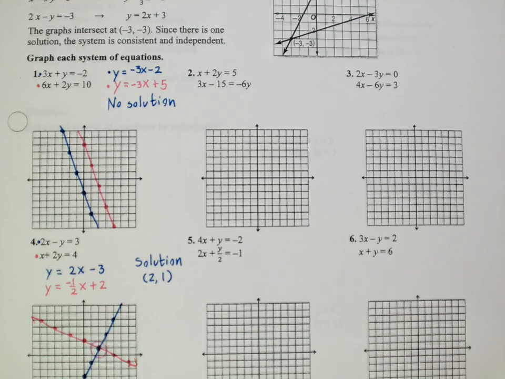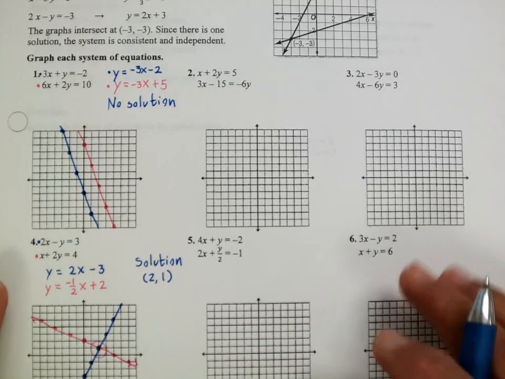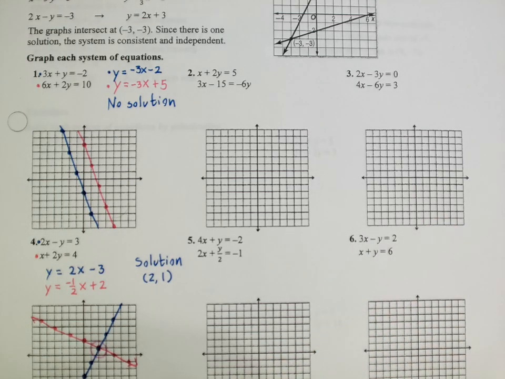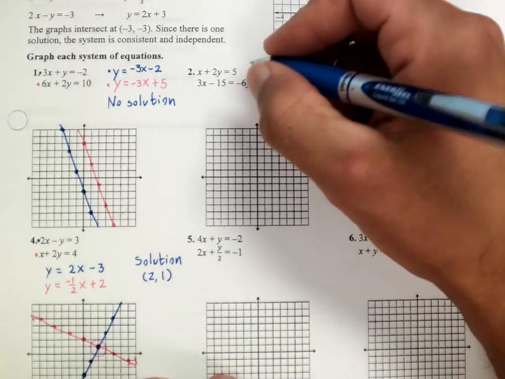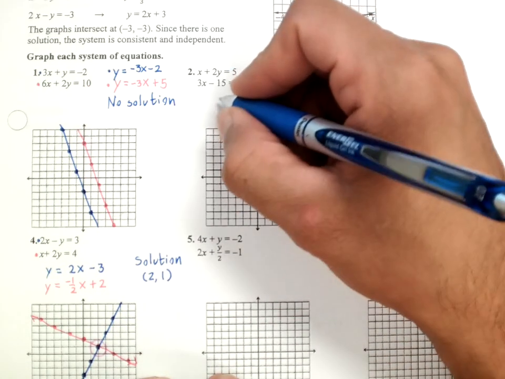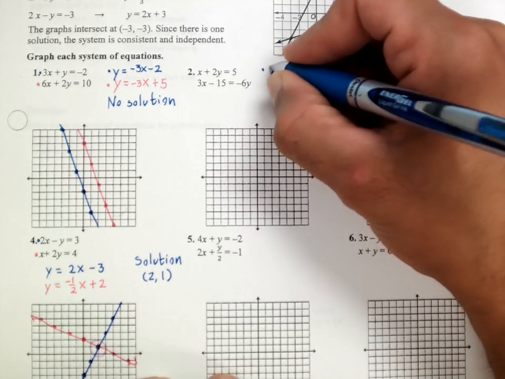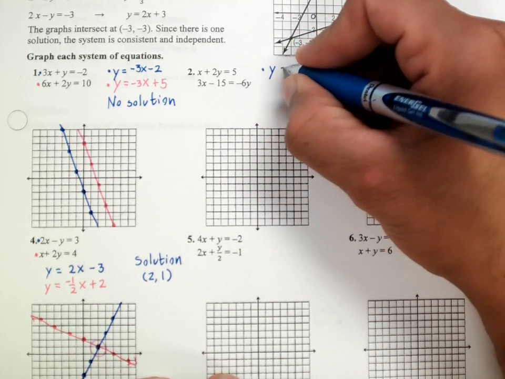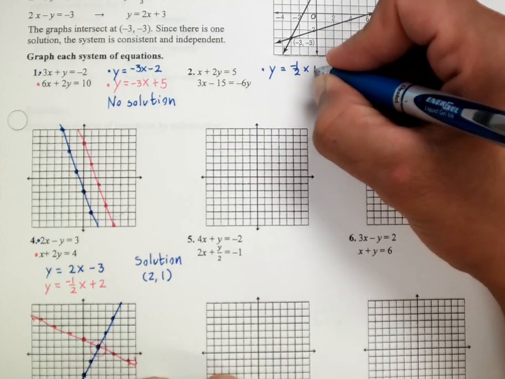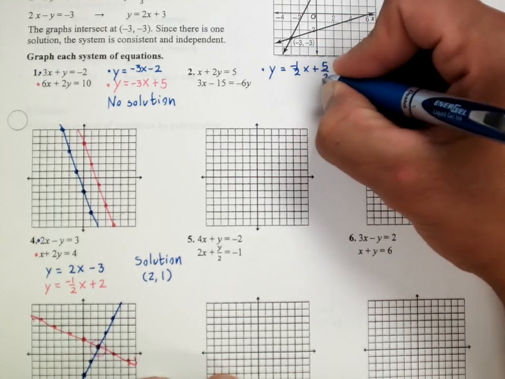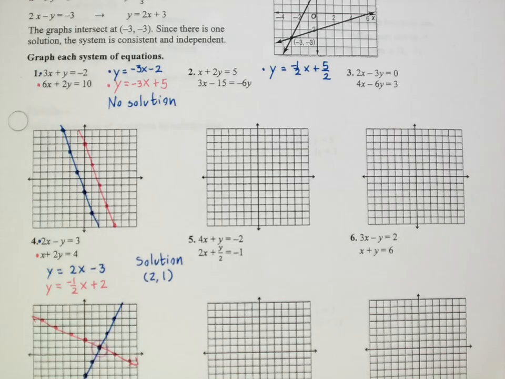Okay, now if we go to a problem like number 2, this is another interesting problem. You solve for y, and for the top one you get y = -1/2 x + 5/2. Remember, 5/2 is the same thing as 2.5.